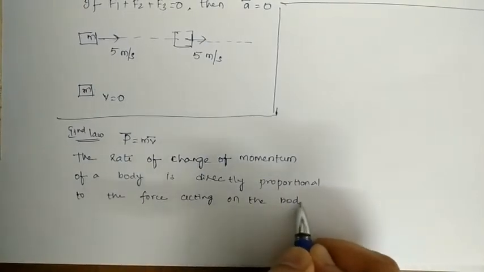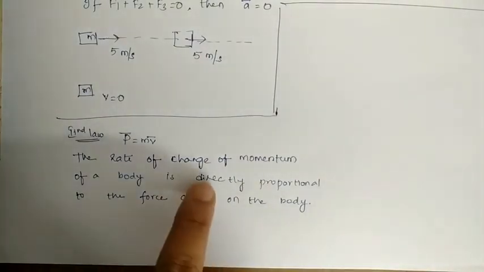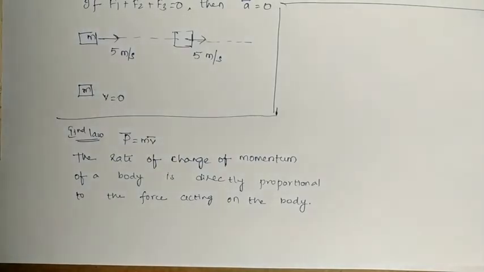I've already told you that there is some kind of relation between the acceleration and force, and we'll try to get that relation by using this definition of Newton's second law.